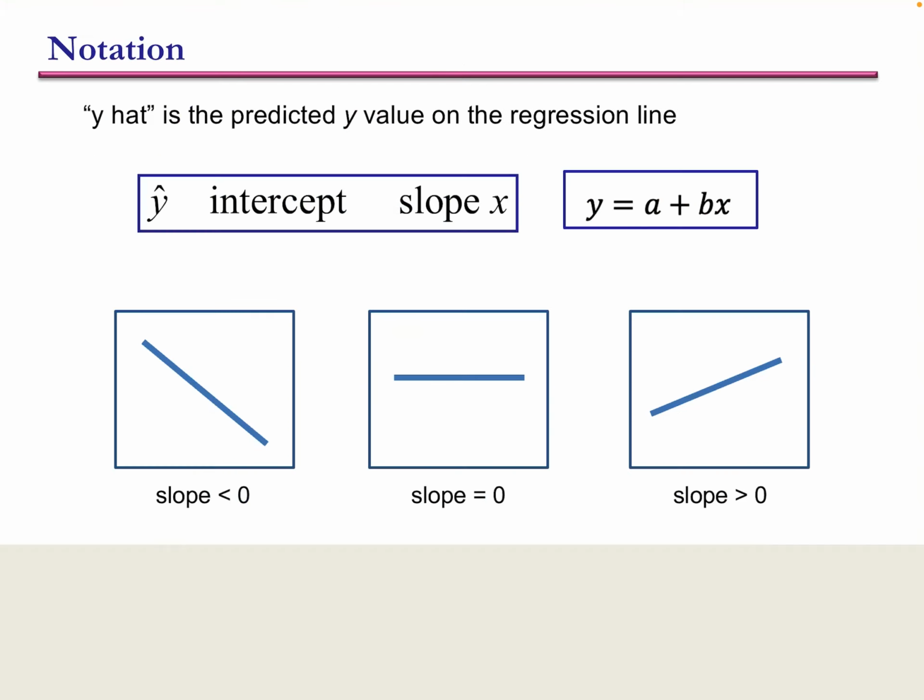So, as far as some important notation here, we have this statistic called y hat. Y hat is the predicted value of y on the regression line. So here you see how we denote y hat, y with a little caret symbol above it.